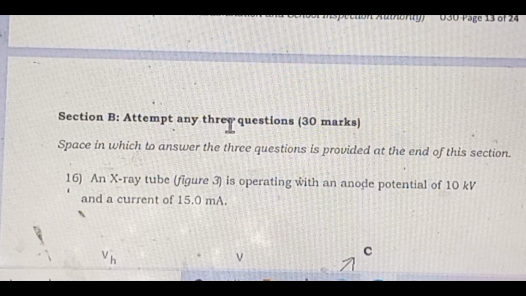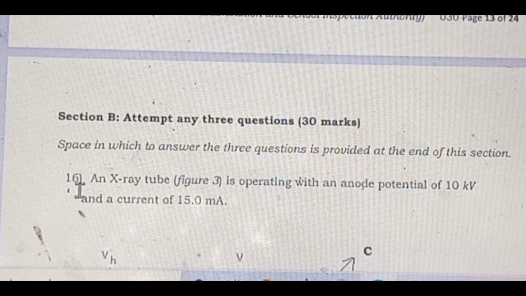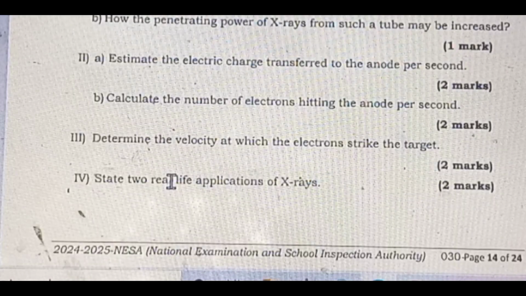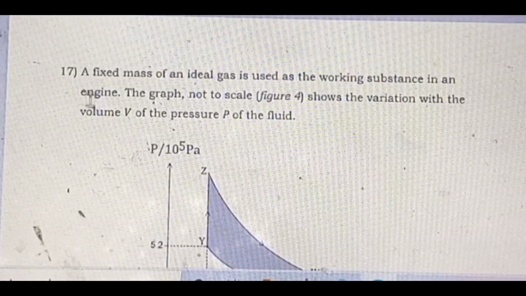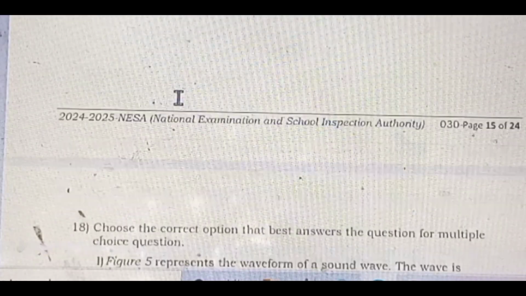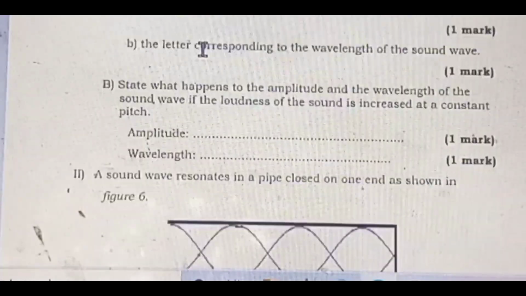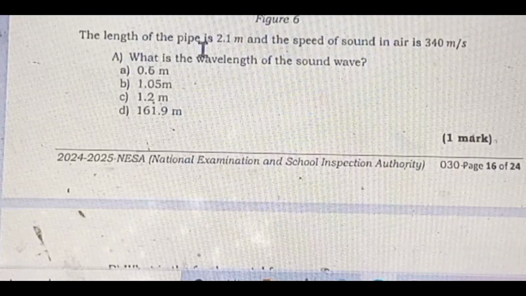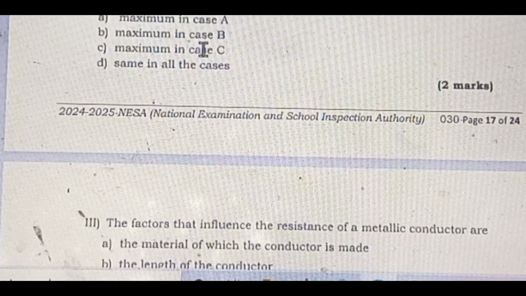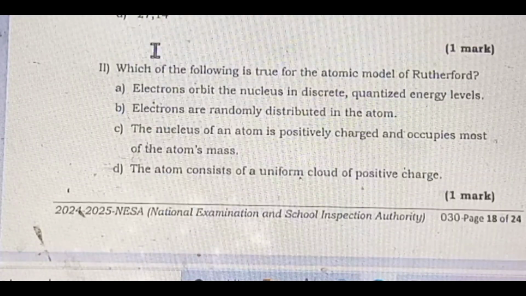Section B, attempt 3 questions. We have question 16, question 17, and also question 18, and also question 20.